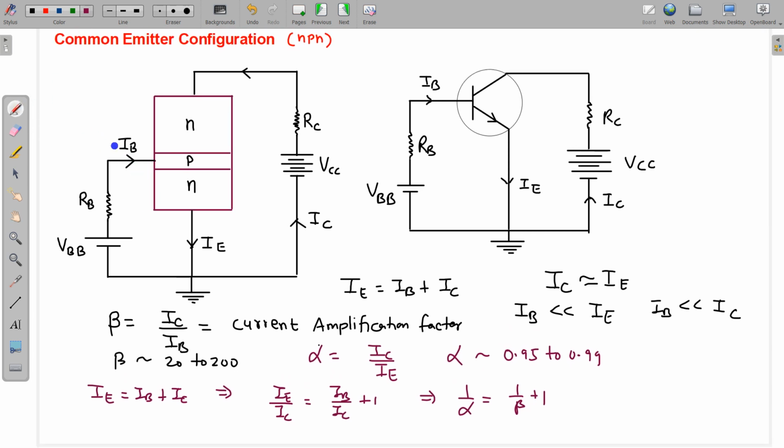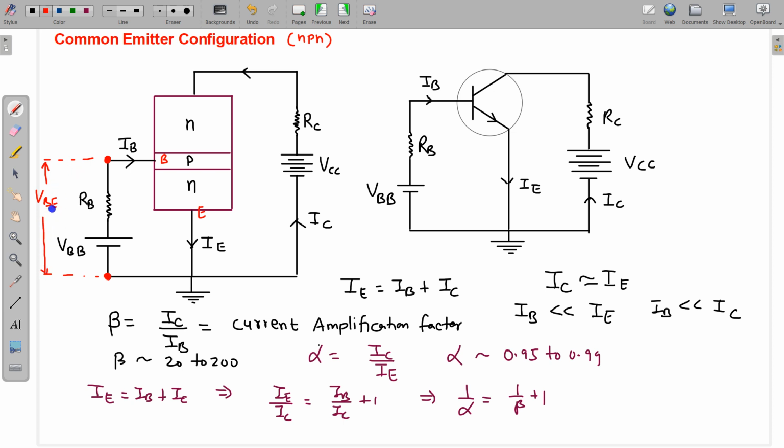As I've said, this part is the input circuit. The potential difference between this point and this point, where one is connected with the base and the other with the emitter, is denoted by VBE, the potential difference between base and emitter.